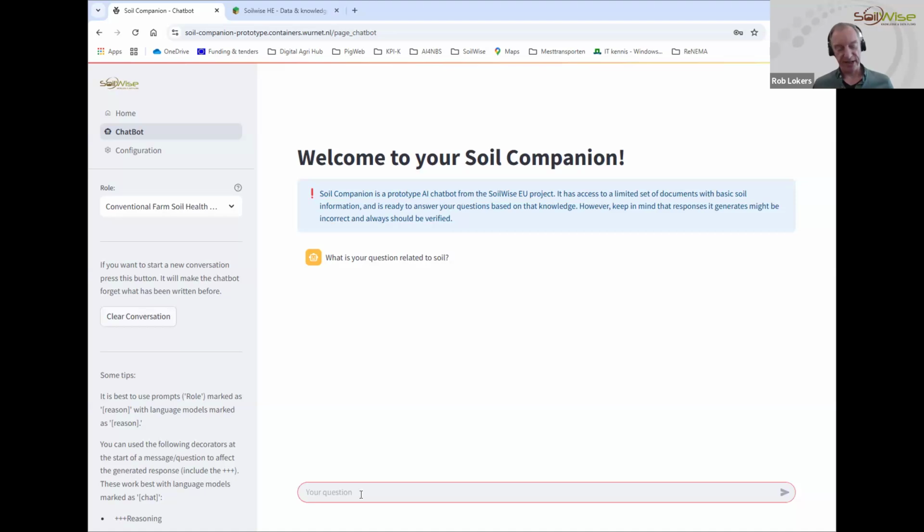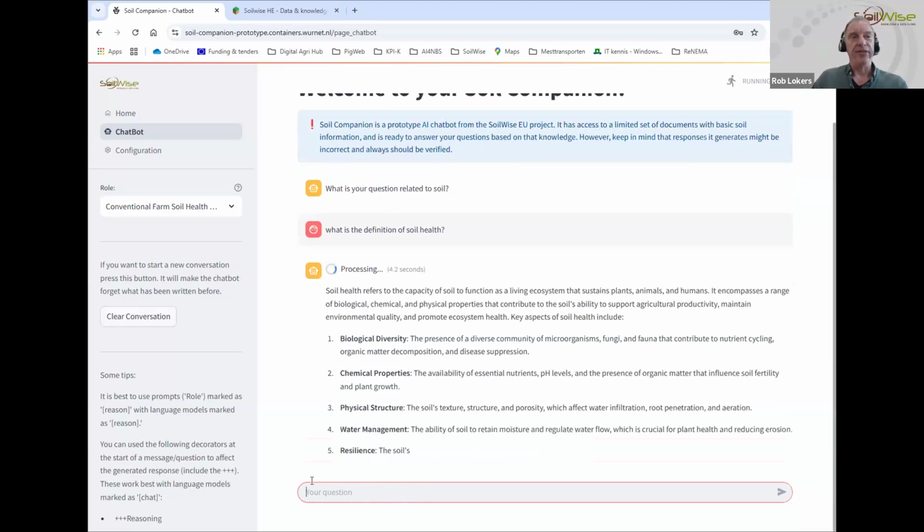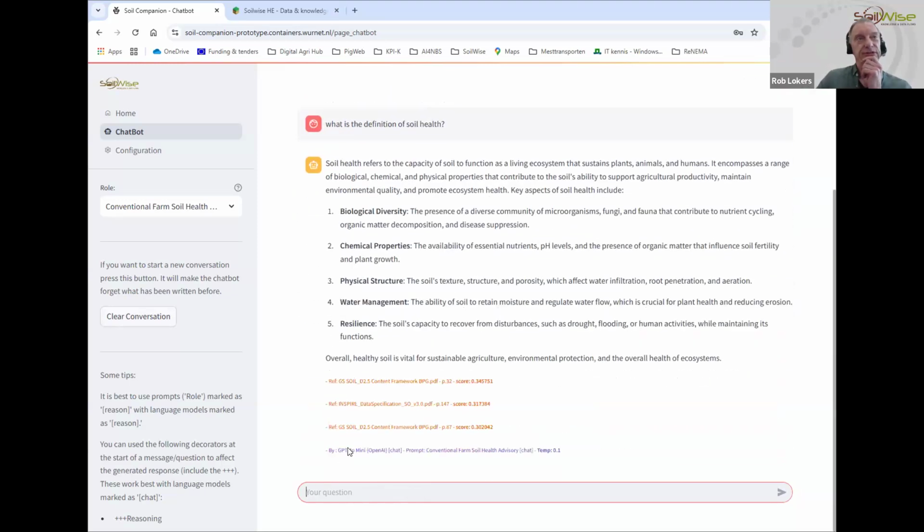One very generic thing I could ask is, what is the definition of soil health? And it gives you some information about what soil health is.